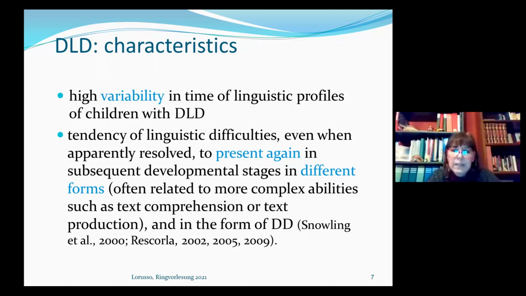For example, phonological language problems are likely to manifest again when the child is in the first or second year of schooling as reading problems, but when the child is in middle school or at advanced schooling stages, it may be that he will show difficulties in text comprehension and text production.